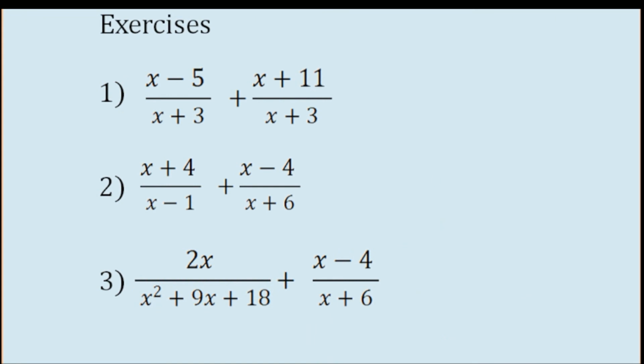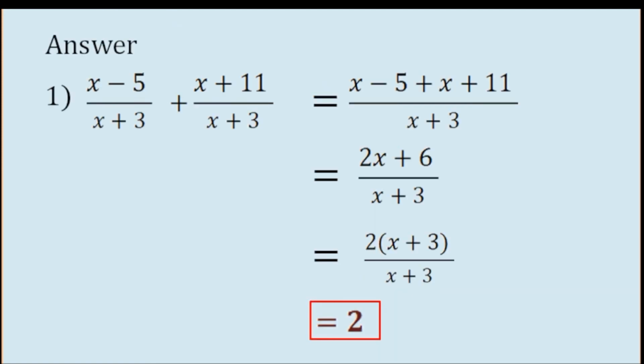So I prepared here 3 items for you to work on. You can pause the video and work on this. If you are done, I will now show you the answer. For item number 1, I have here the details of the solution. You can pause the video and see the details.